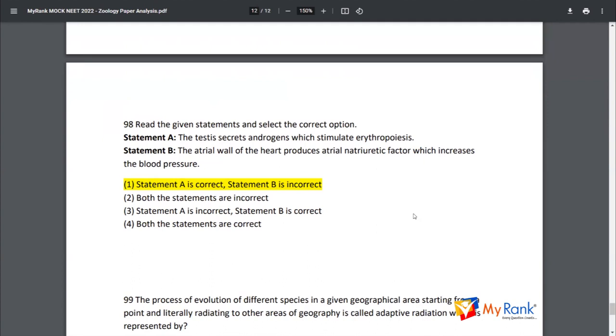This is the wrong statement. Yes, the atrial wall produces atrial natriuretic factor, but the ANF dilates the blood vessels and reduces the blood pressure. So statement B is incorrect. Statement A is correct and statement B is incorrect, which is found in option 1. So also check the correct options.